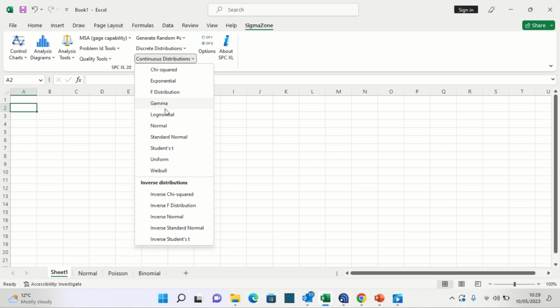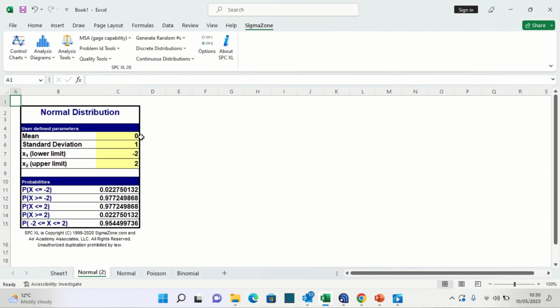Some of those might be in your business, but the normal is the one we want. Click on normal. You get this window. Mean was 0.45. Standard deviation was 0.1. The lower limit, 0.35. The upper limit, 0.65.